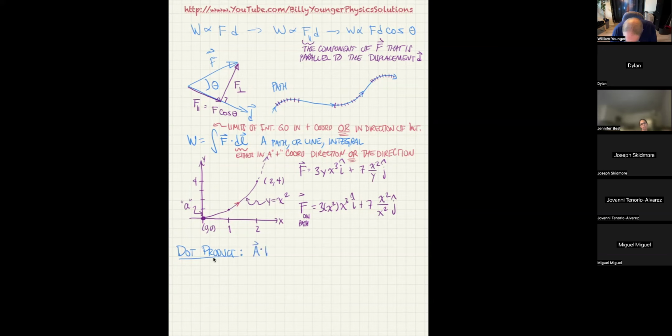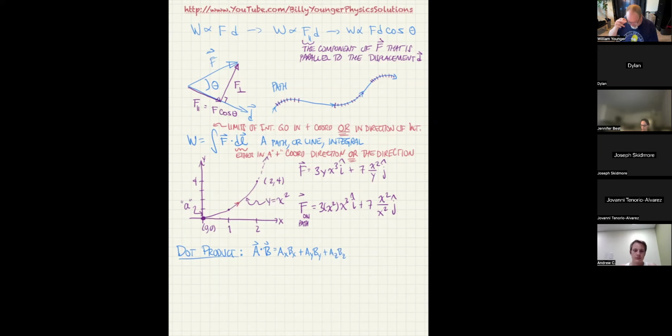A dot B could actually be written as the x component of A times the x component of B plus, notice that's a scalar quantity, the y component of A times the y component of B plus the z component of A times the z component of B.